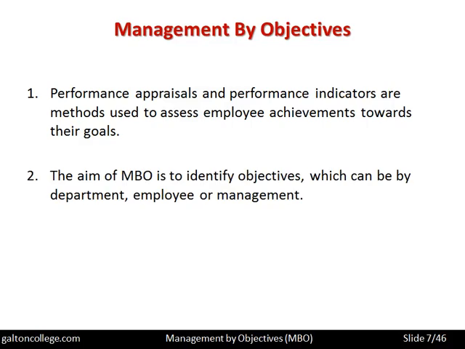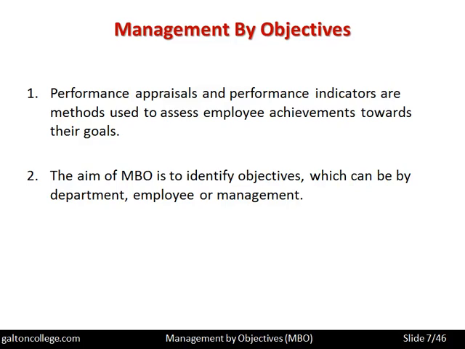The aim of management by objectives is to identify objectives, which can be done by department, by employee, or by management itself. So this whole idea of management by objectives permeates the whole organization. The management have a set of objectives that they must achieve. The departments within the business have sets of objectives that they must achieve, and the employees within the departments have sets of objectives that they must achieve as well.